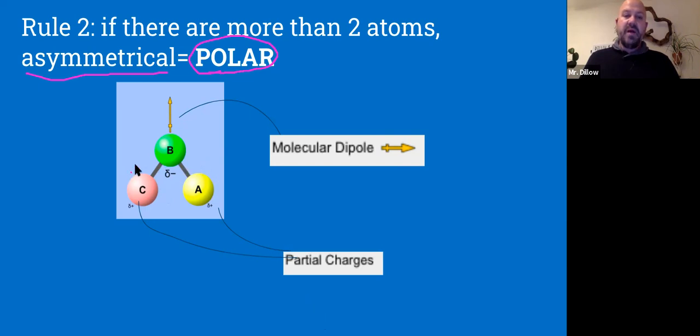There are two bond dipoles here that point in this direction and this direction. But in a case where there are three atoms together, these two bond dipoles are going to join forces, and the net will be the overall dipole of the molecule, which would just go straight up in this case.